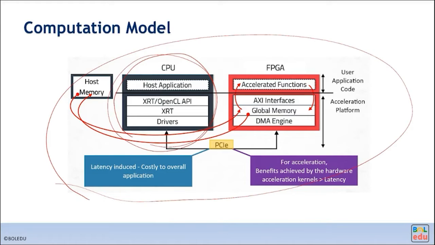The data has to move from the host memory to global memory, and then from global memory to the on-chip memory so that it can be computed by the accelerated functions. When you get the result, you save it back to the global memory and use the DMA to return the data to host memory so that the application program can take the result data and proceed.